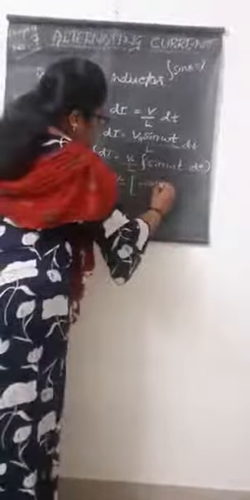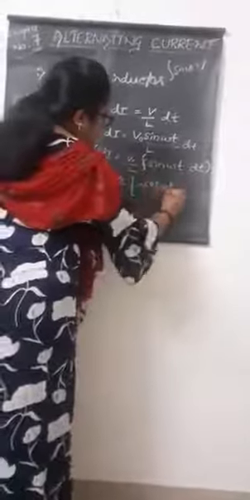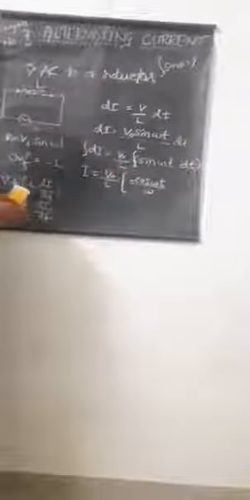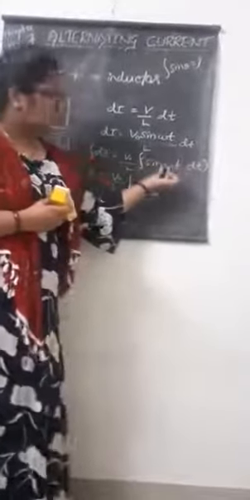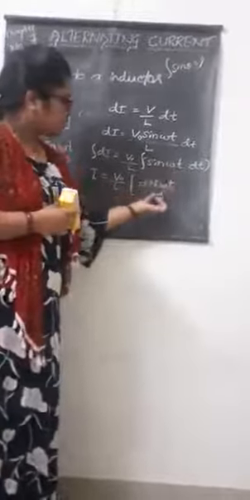Minus cos omega t divided by omega, because we don't have only theta here, we have omega t. With respect to t you are doing the integration, and omega. I don't think I have to explain this much. You are perfect in the maths. So this is as it is.